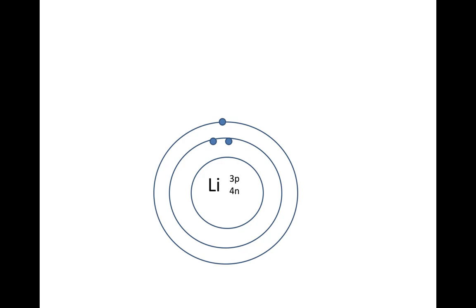So lithium loses the outer electron. And the reason why it does that is because the protons inside the nucleus are attracted to the electrons outside the nucleus. Opposite charges attract. Now, what happens is the nucleus is holding on to the electrons because of this opposite charge attraction.